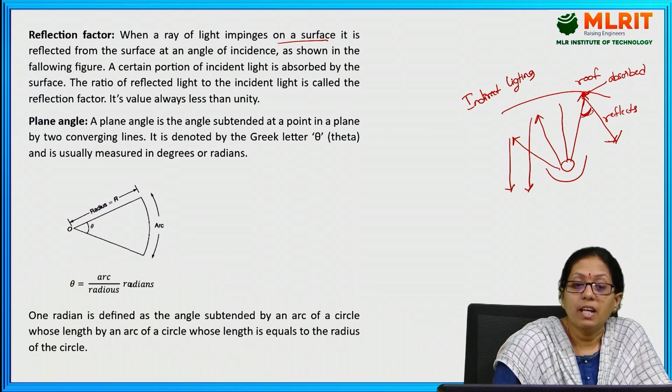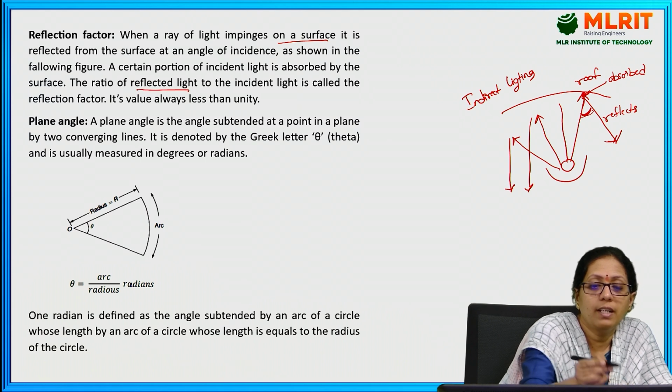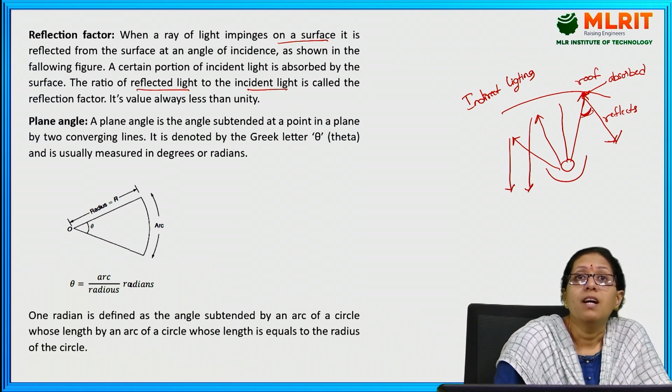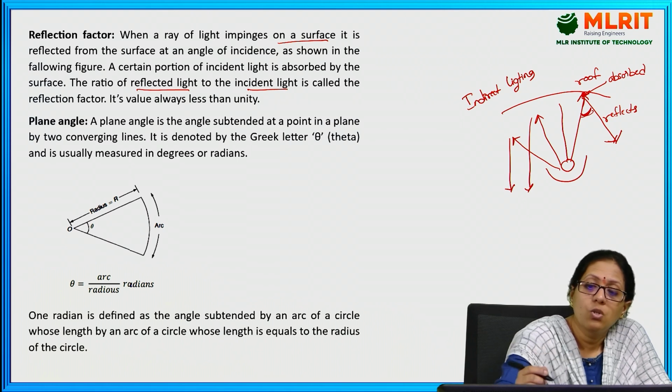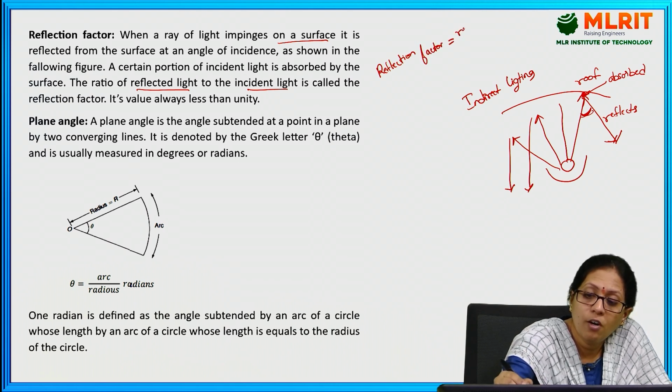So, the ratio of reflected light to the incident light is called as reflection factor. So, reflection factor means ratio of reflected light to incident light.